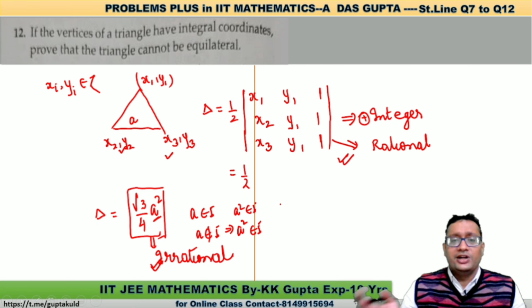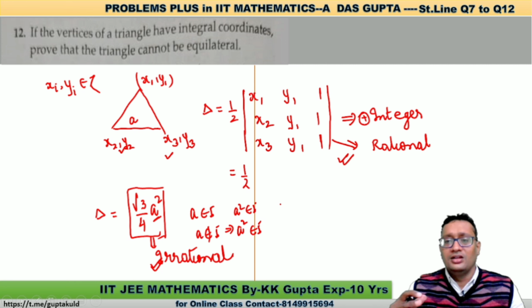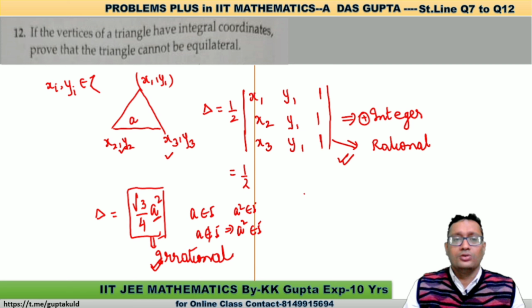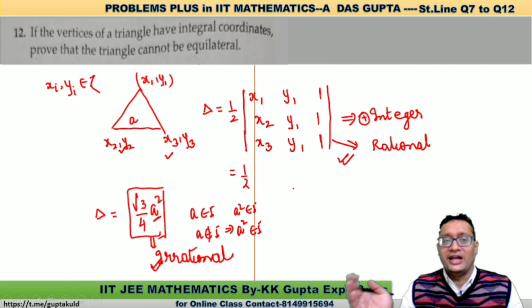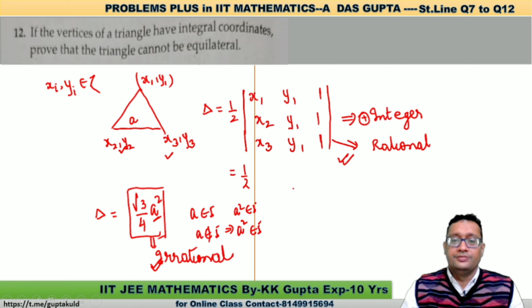How can I equate rational and irrational? So a triangle having vertices with integral coordinates cannot be equilateral.